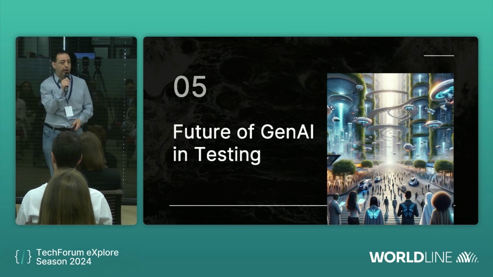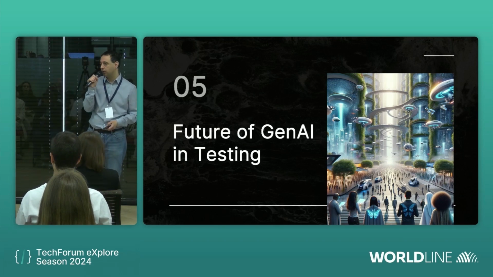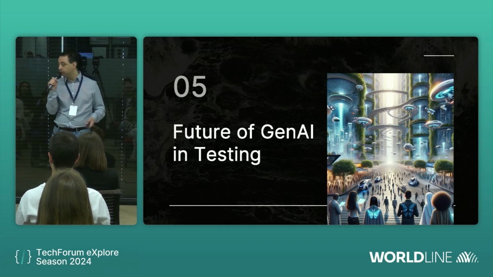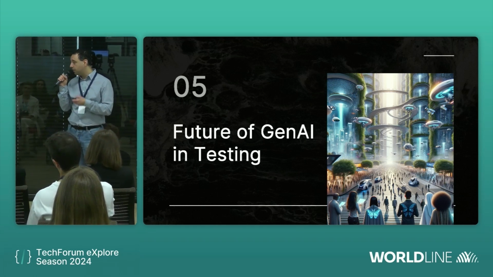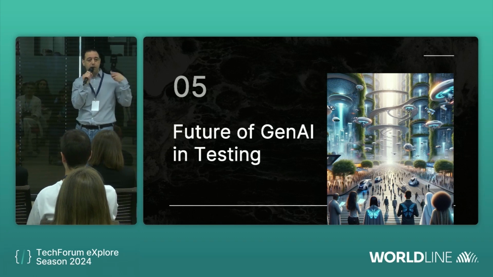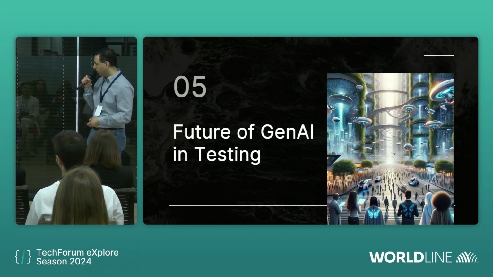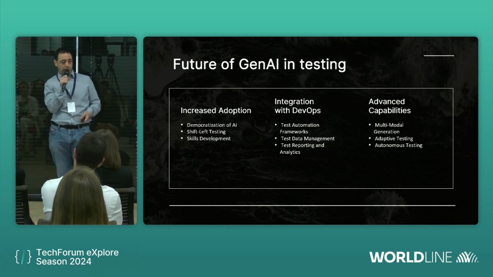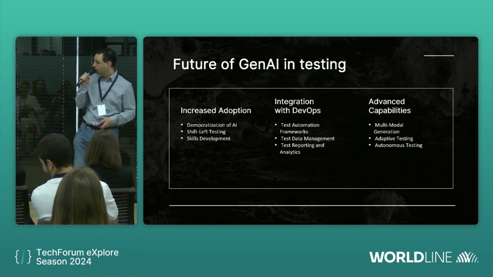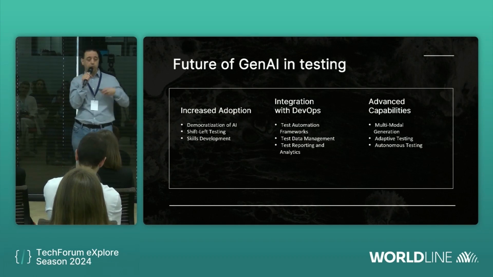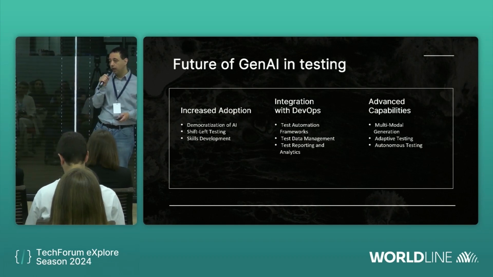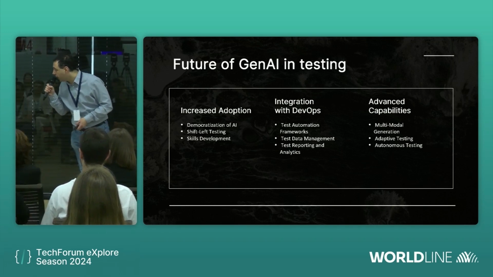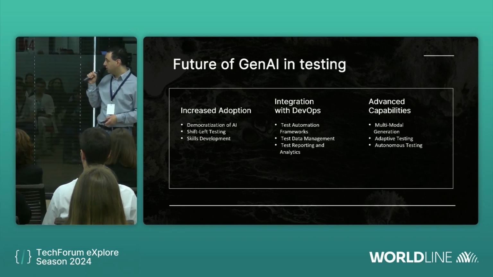So the future, as you probably are going to guess, I don't know about the future. I don't think anybody does, but these are maybe some of the ways these tools are going to evolve, right? We can assume there will be some increased adoption for these tools. We're going to see probably more and more people using these tools. This is what we call democratization of the AI. Also integration with DevOps.